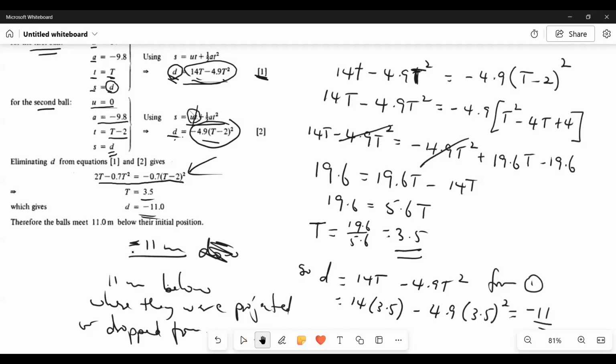Remember we said negative is down, positive is up. So minus 11 means that these two balls are actually 11 meters below that point from where they were dropped. That's where both of them are at the same height. They meet there, right?